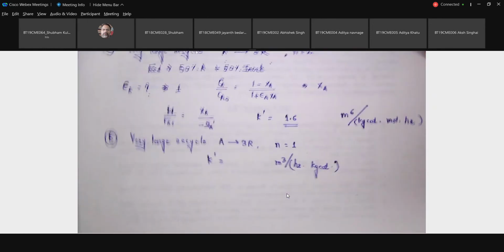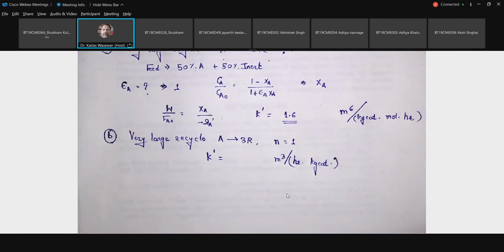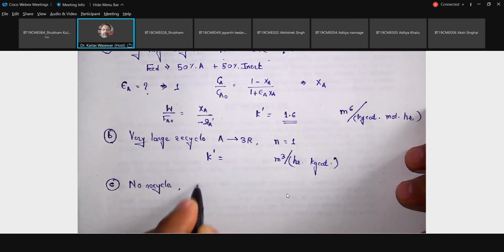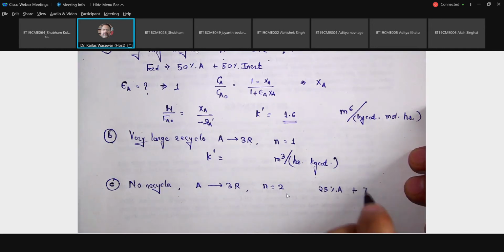Similarly, you can go for the, because of very large recycle, again it will be the third case, no recycle. With reaction A gives 3R, n is equal to 2, 25% A plus 75% inert.